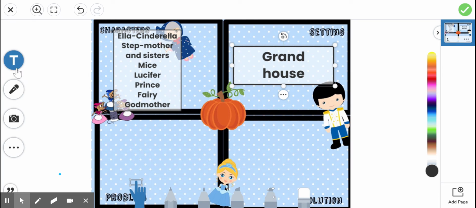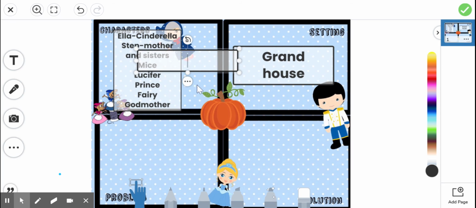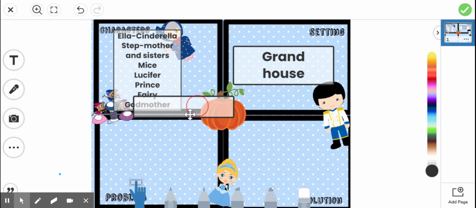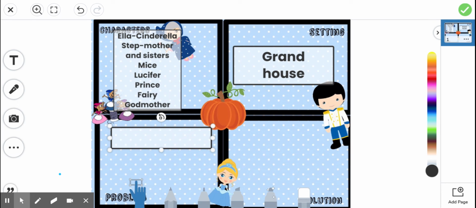The problem in the story, there were lots of problems. For example, Cinderella was mistreated. Her mother died. Lucifer got her in trouble when the mice were at the table and spilled something.